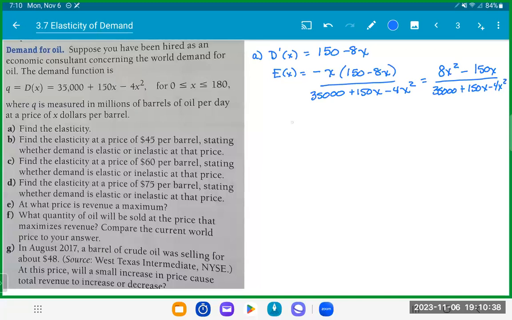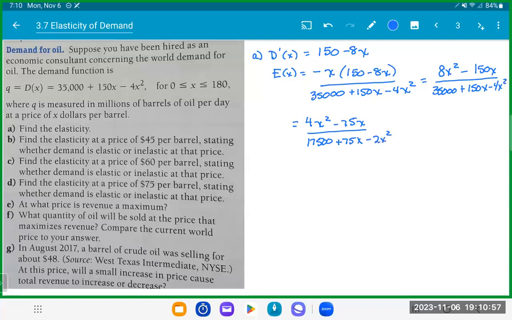When we simplify that, we get 4x squared minus 75x divided by 17,500 plus 75x minus 2x squared.